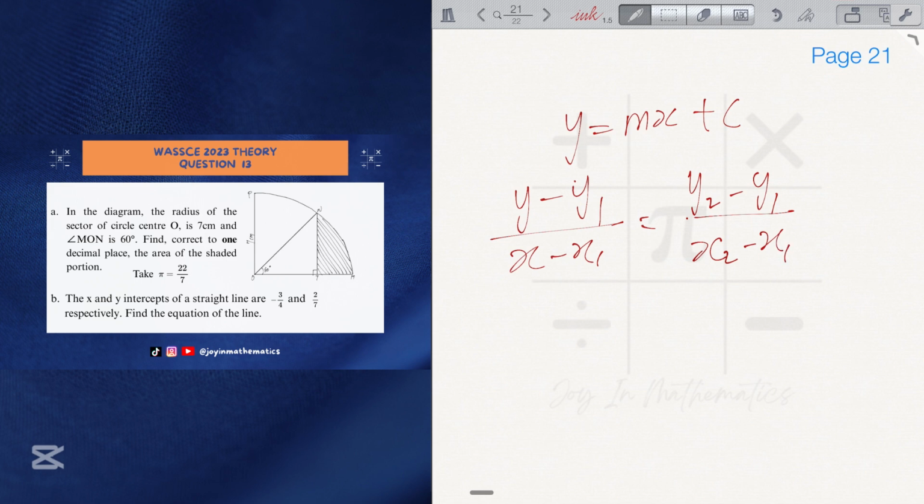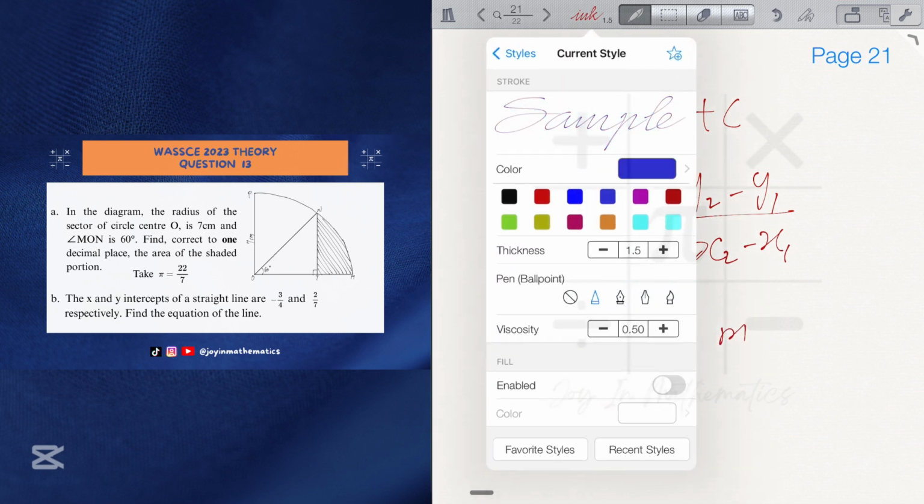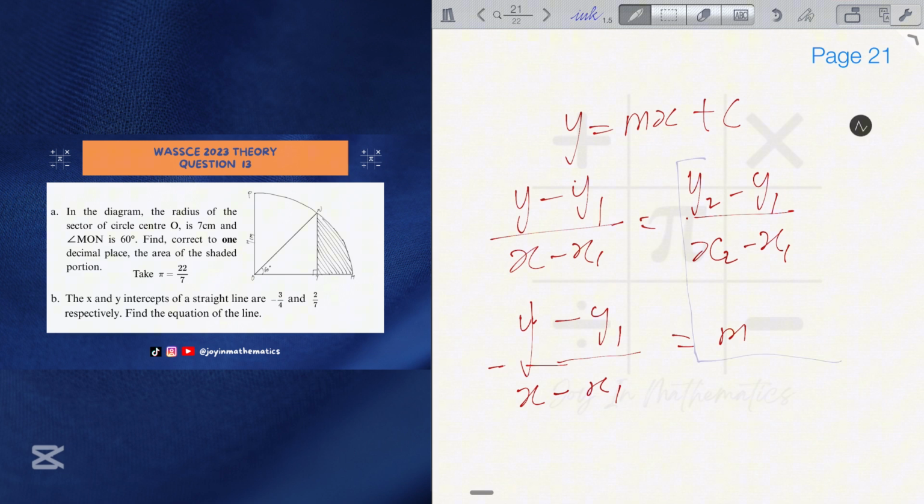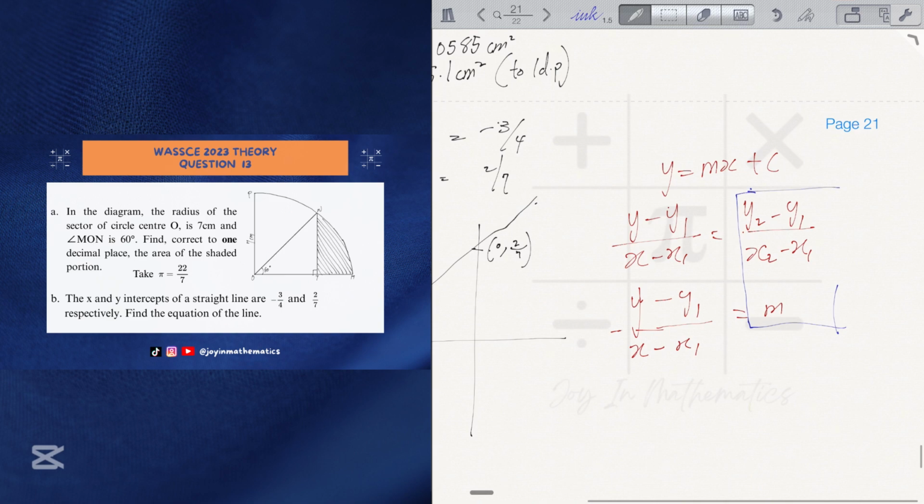And if we are given just a single point, we will have y minus y1 divided by x minus x1 is equals to gradient m. So we can establish that the gradient m is equals to y2 minus y1 divided by x2 minus x1. So these are the formulas involved in evaluating the equation of the line.